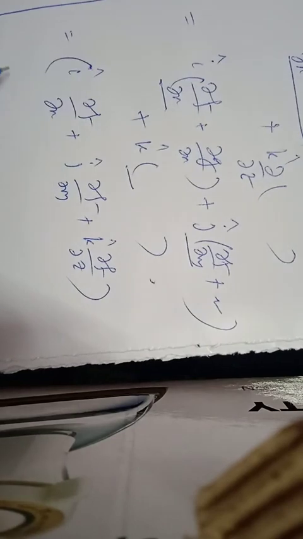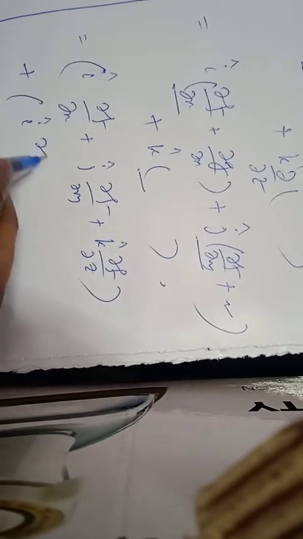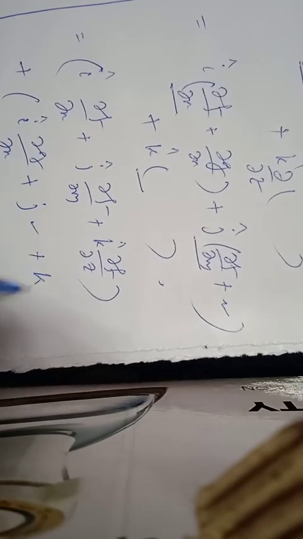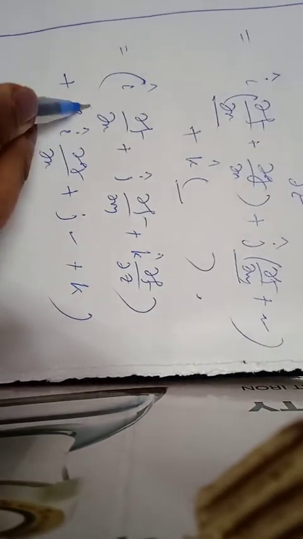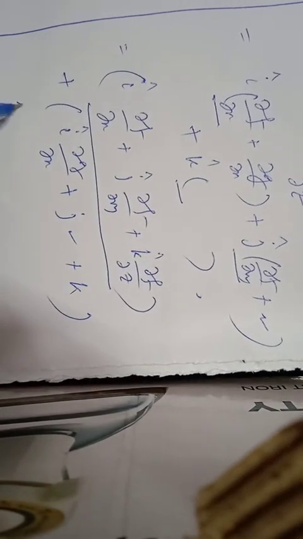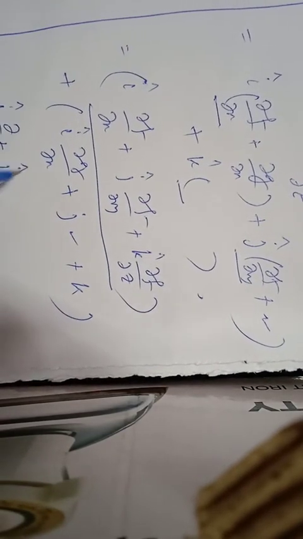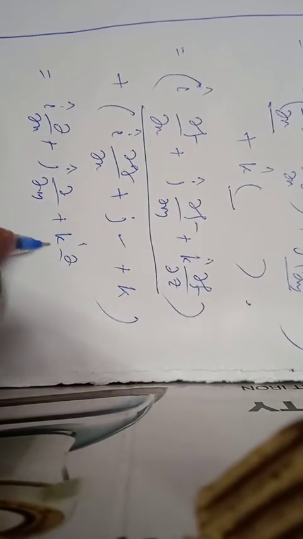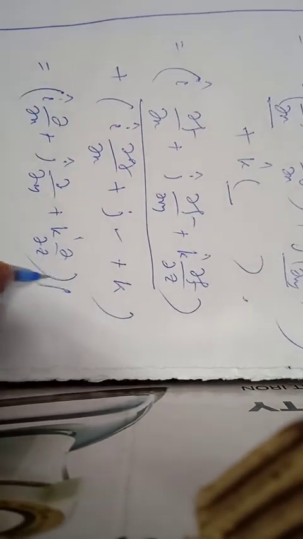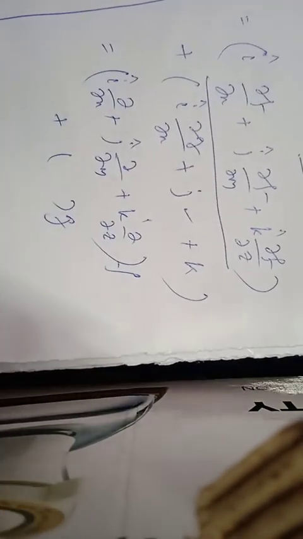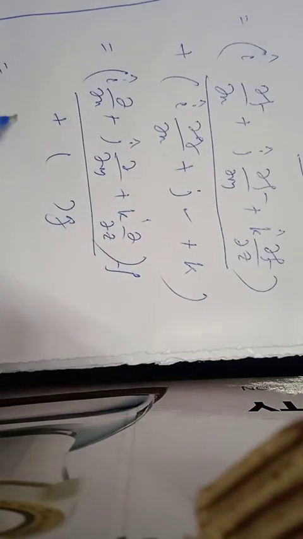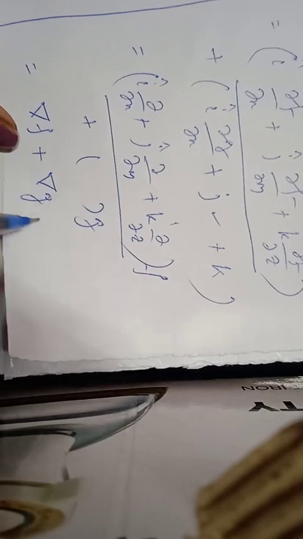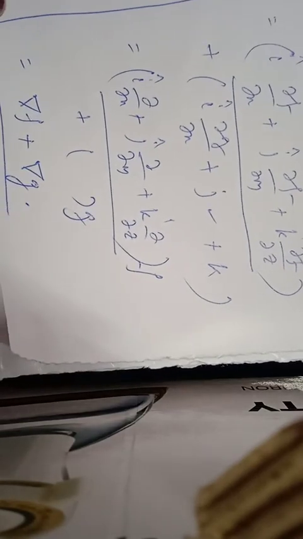Similarly, if you take the second components, you will get i cap del g/del x, j cap del g/del y, k cap del g/del z. Now if you take f common, we get (i cap del/del x plus j cap del/del y plus k cap del/del z) f. Similarly for the next term. This is our nabla operator or grad, so this gives grad f, and the next part gives grad g. This proves the property.